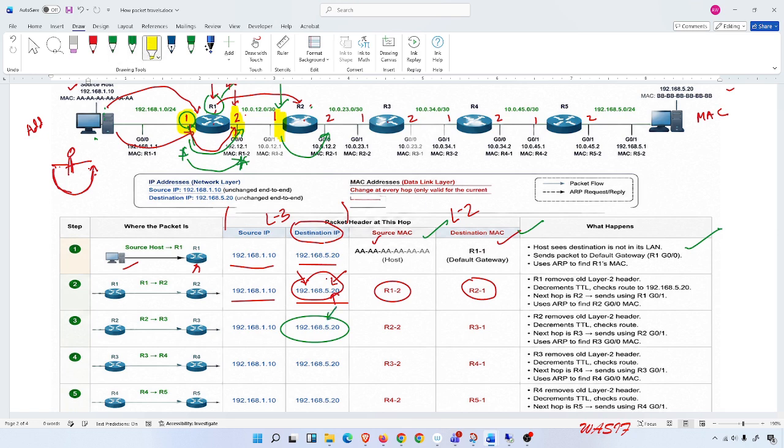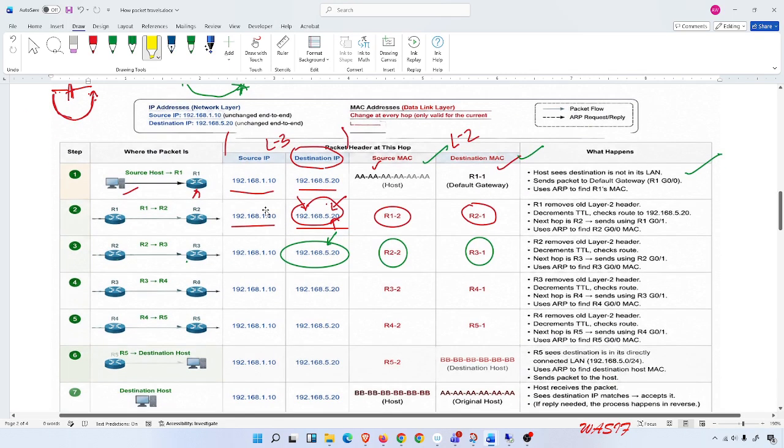That means the packet will be sending from here to here to R3. Now look at here, the source MAC address is R22. When R2 is sending to R3, it will be received on this interface R31. So if you look at here, R3 has received the packet here.